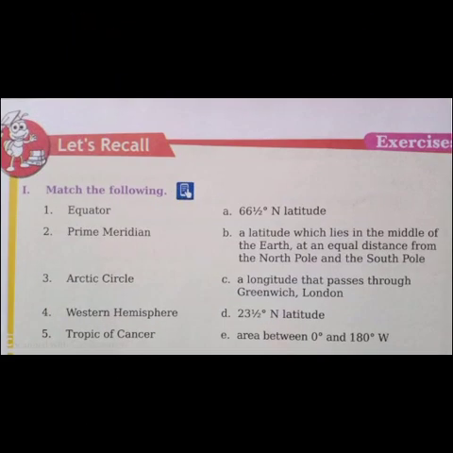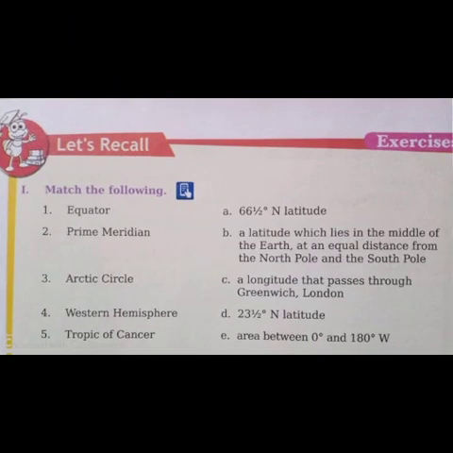Now comes the exercise part. The first question is match the following. Equator. Equator will match with a latitude which lies in the middle of the earth at an equal distance from the North Pole and the South Pole. Prime meridian. Prime meridian will match with a longitude that passes through Greenwich, London.